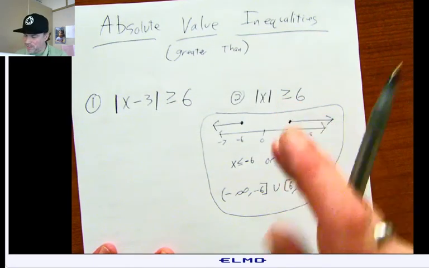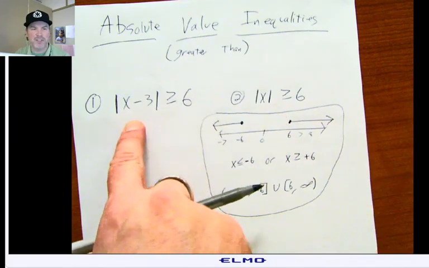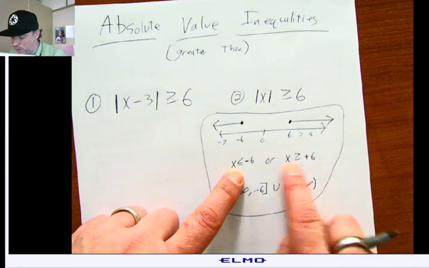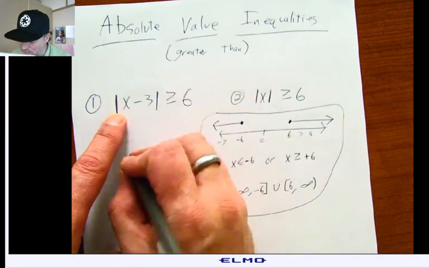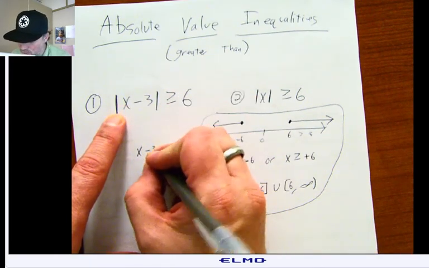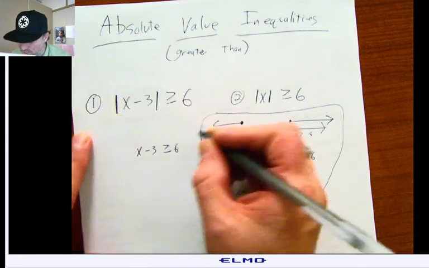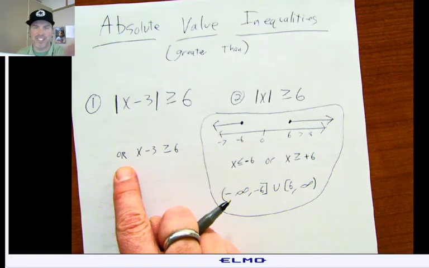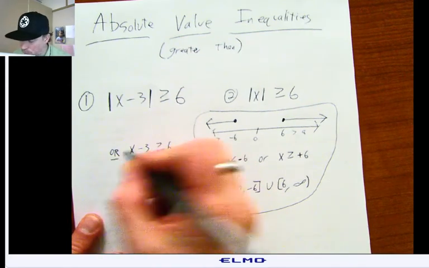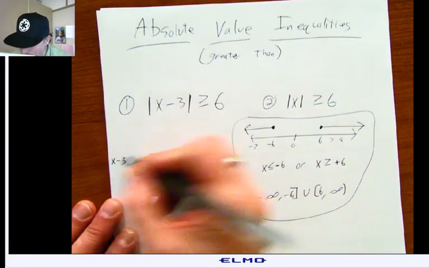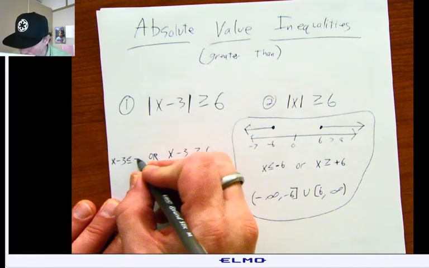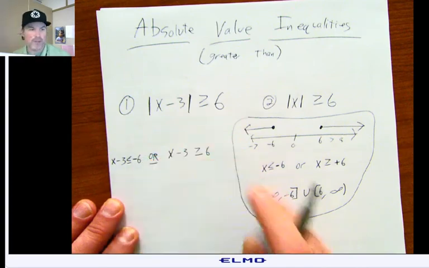Now, if you can make sense of this situation, you can make sense of this one. The setup is exactly the same as it is down here. Either this x minus 3 is going to be greater than or equal to 6, or, do I have to write the word or? Yes, you have to write the word or: x minus 3 is, flip the inequality, less than or equal, and change the value from positive to negative.